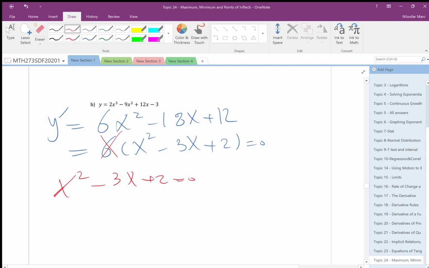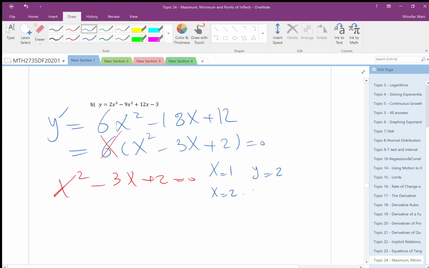Okay, so I have 2 points. I think it is x minus 1, x minus 2. X is 1 and 2, I think. So if I put x is 1 and x is 2. If x is 1, I have 2 minus 9 plus 12 minus 3, which is 2.